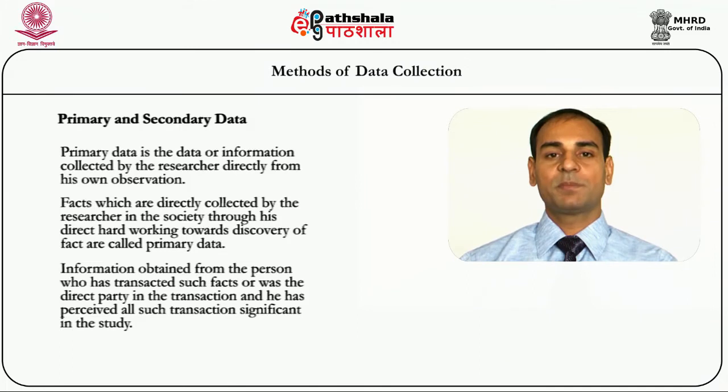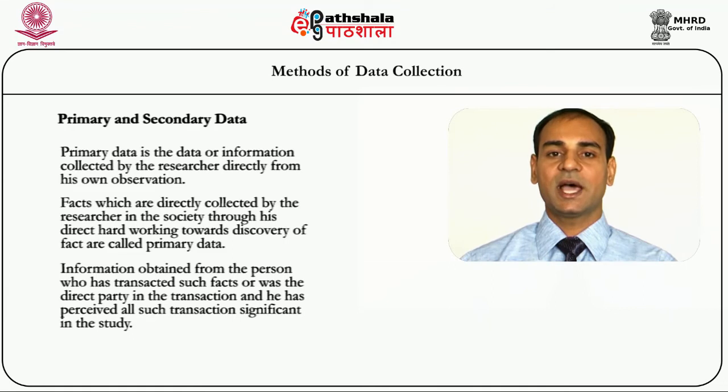Any information obtained from the person who has transacted any phenomena of facts, or who has participated in that transaction or phenomena, or who is the witness of that transaction and phenomena, directly gathering the information from that person is the primary data, and that person is the primary source.